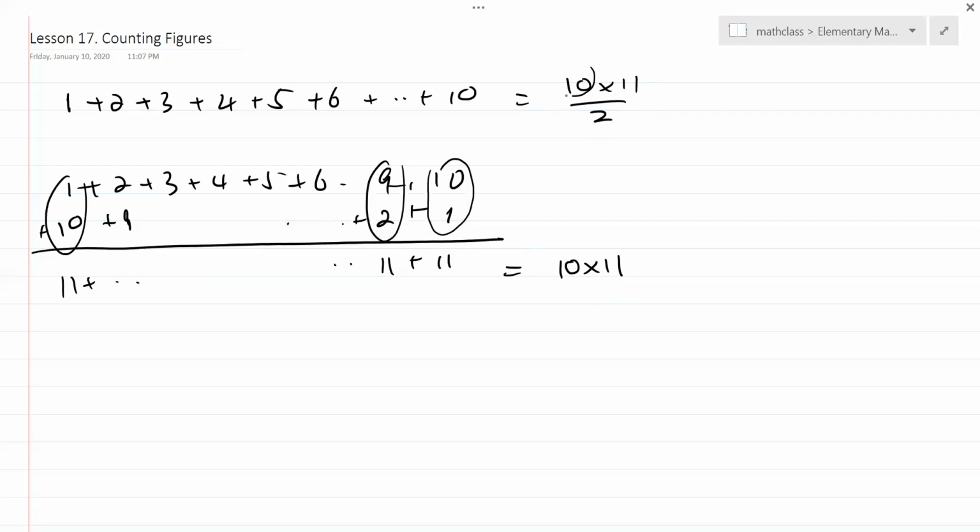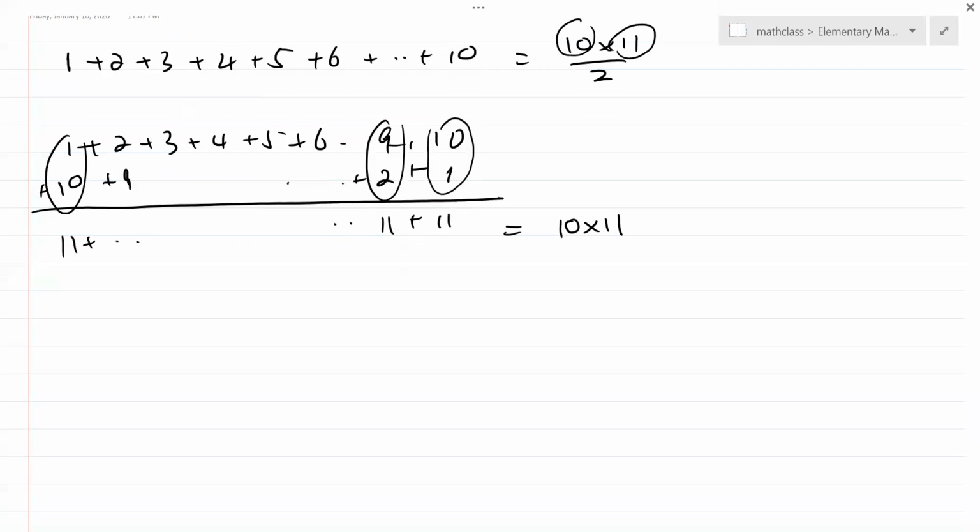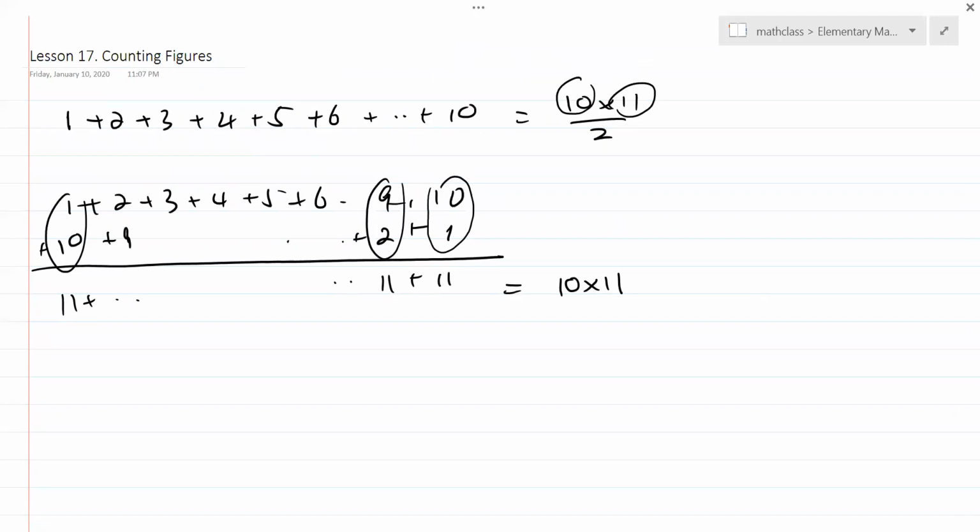So the first one is the number of terms. The second one is the sum of the first term and the last term. Look at 10 plus 1. So the formula is always the last term plus the first term, multiplied by the number of terms, divided by 2. How do we get that formula?